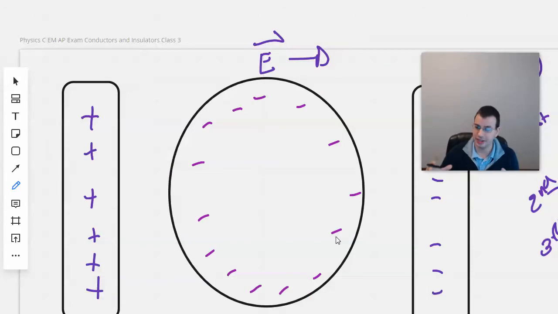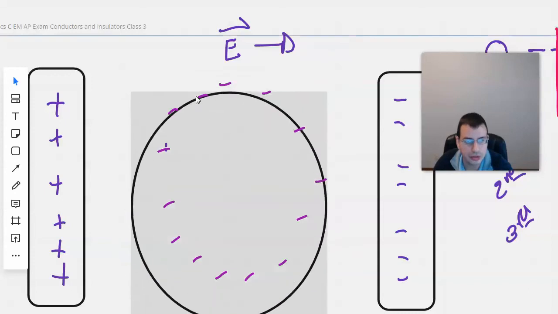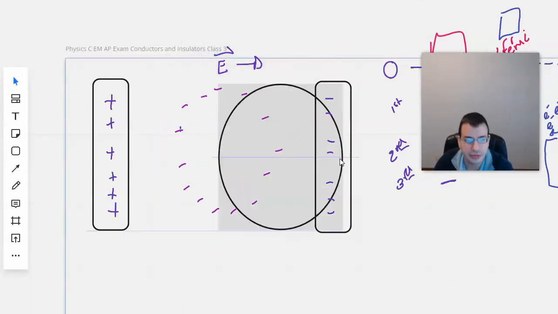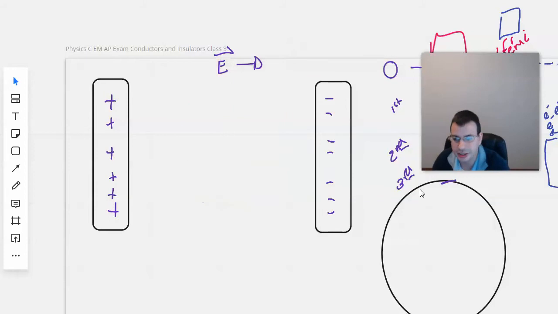It doesn't mean that the electric field doesn't exist. The net electric field is always 0. So what's going to happen then is, this will probably be easier if I make this neutral. So I will salvage my circle over here, my conductor.